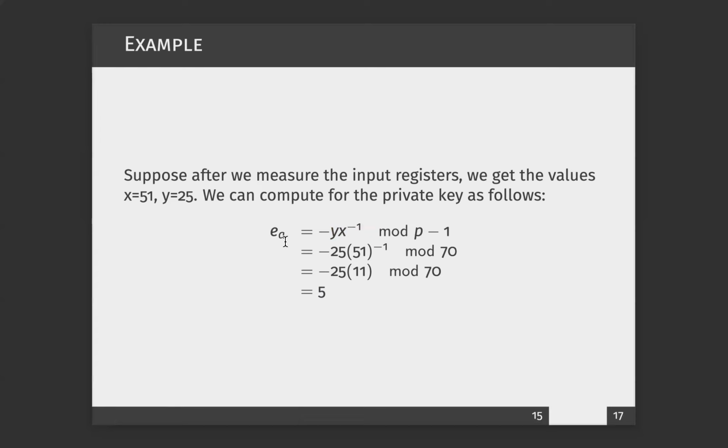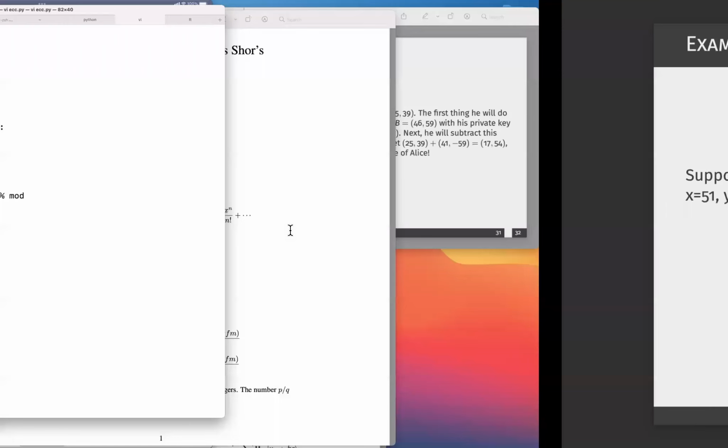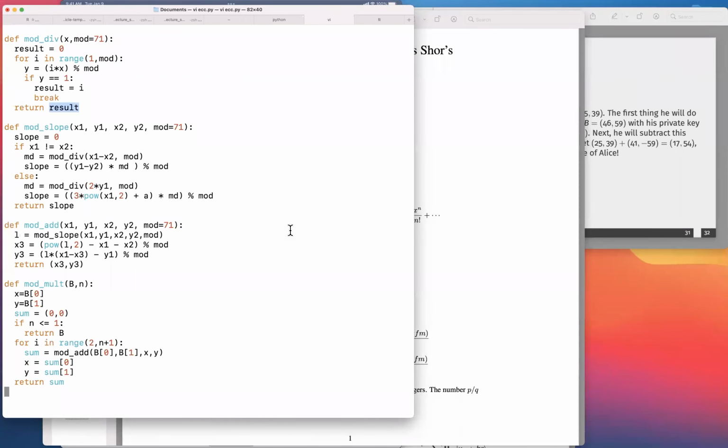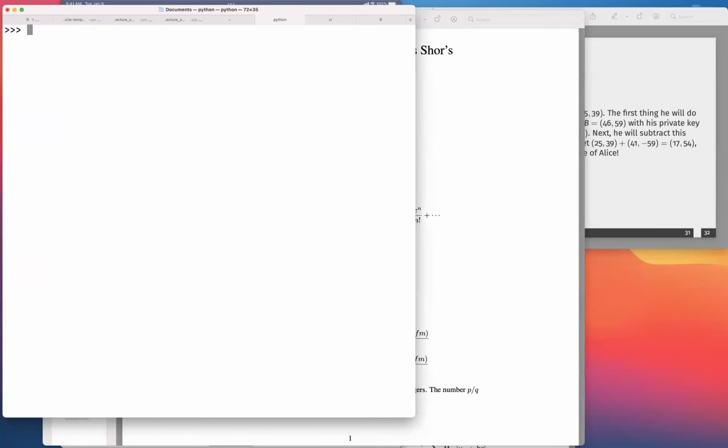So let's do that. Let's do 51 first. What's the inverse of 51? According to this, we use ECC.mod_div of 51 and 70. Okay, so 70 is p minus 1, right?